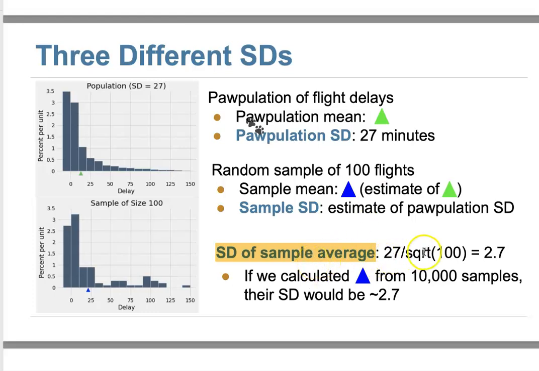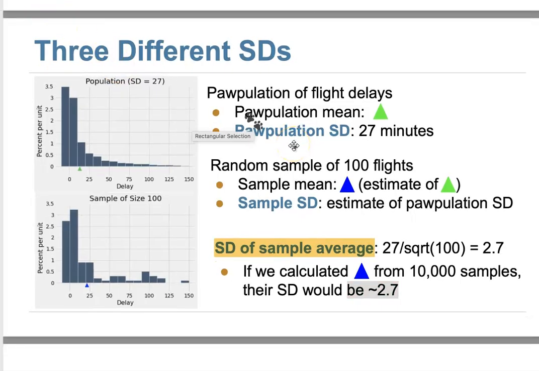Then we find that the standard deviation of the sample average is close to the population standard deviation divided by the square root of the sample size. The mean should be closer to the population mean, and the standard deviation equals 2.7. That came from the population standard deviation divided by the square root of the size.